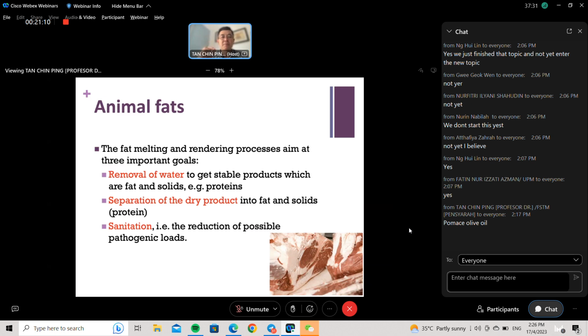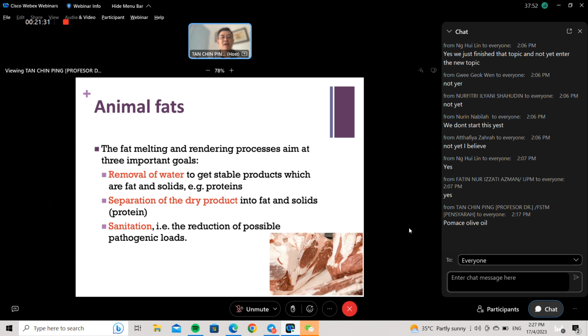So those particles, if you do not filter them, then perhaps microbes would like to eat those lean meat portions, or it may not look nice on the fat, which is like lard or tallow, because it is usually white in color.